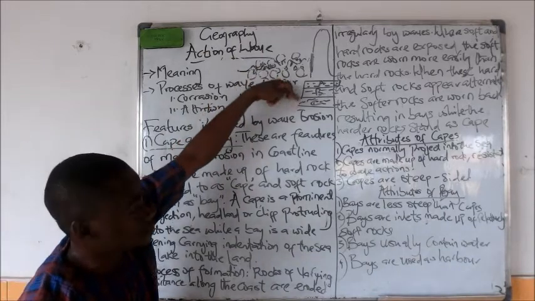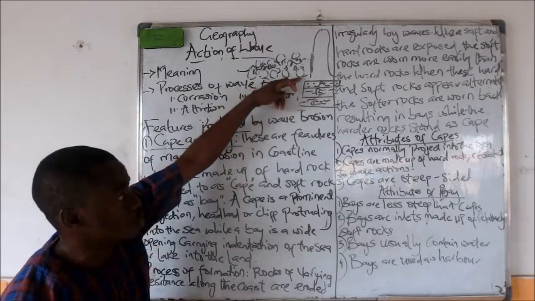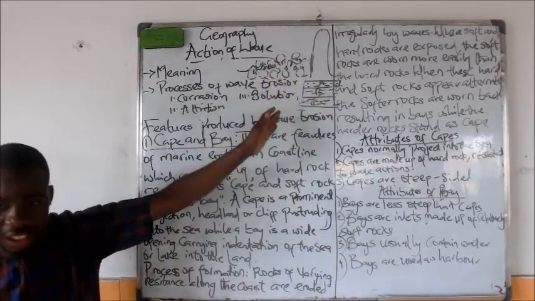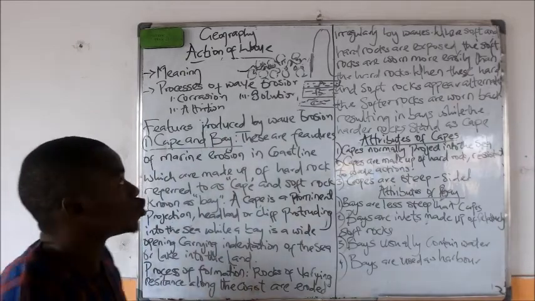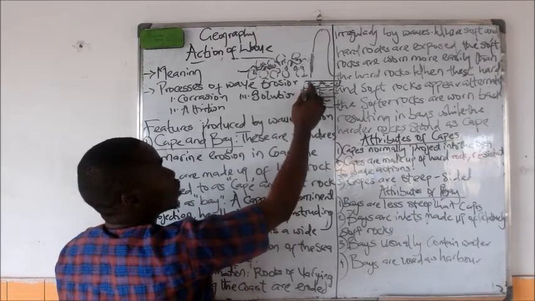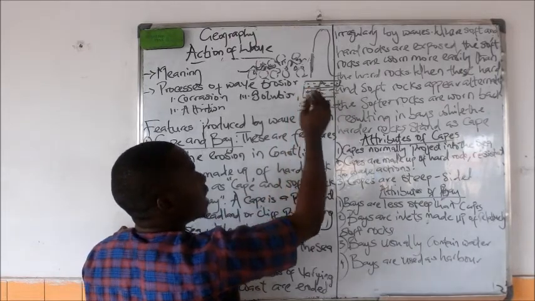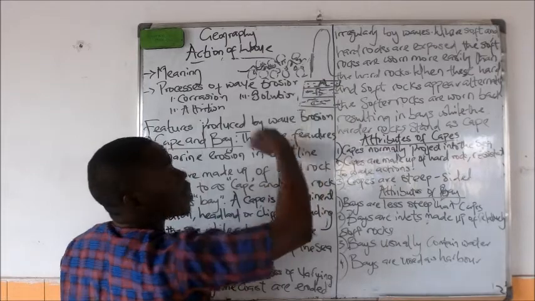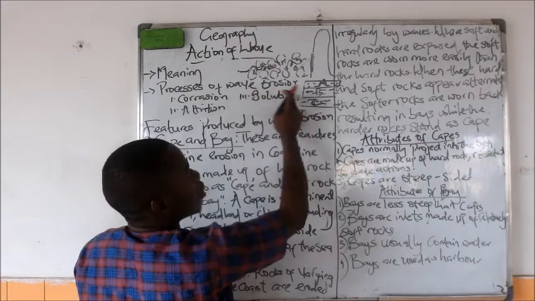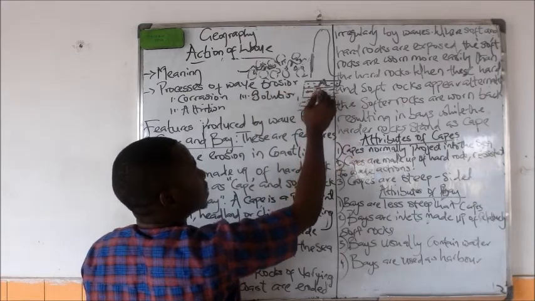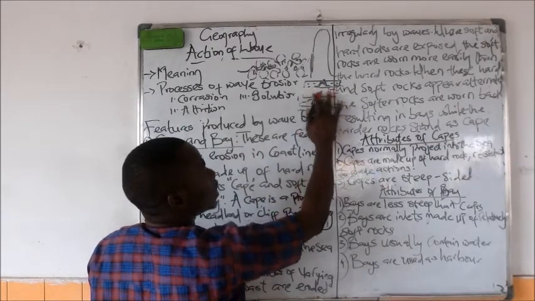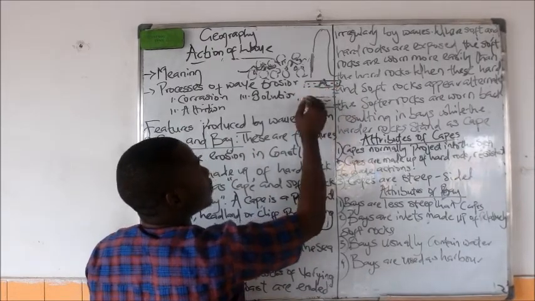What we are saying is that when waves hit the body of this rock, and erosion is occurring, the one that is less resistant to water will tend to be eroded. Let's say this one is less resistant, and this one, which is A, is more resistant. Now, when corrosion is happening, it tends to erode this side out, and as it's eroding it out, it tends to form this structure.